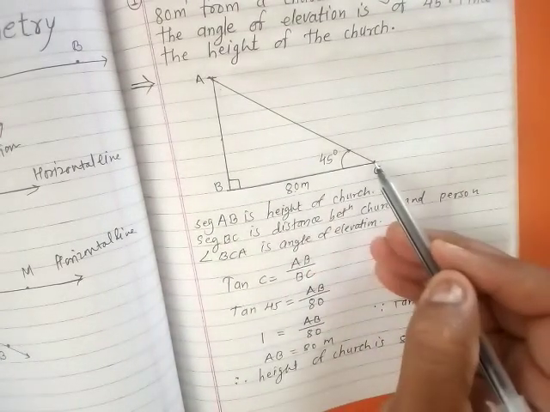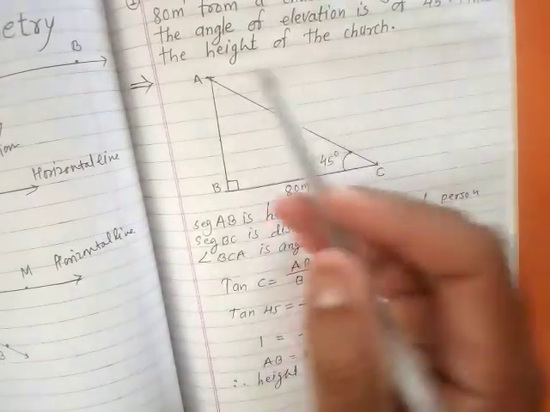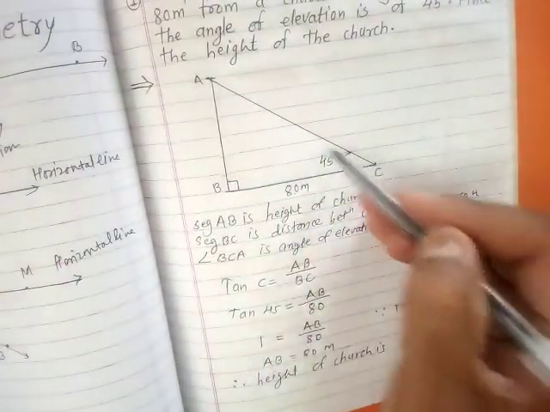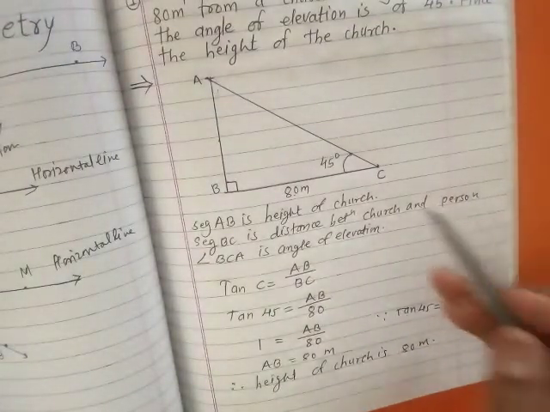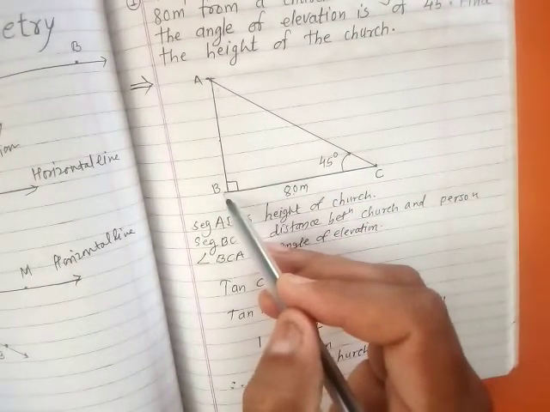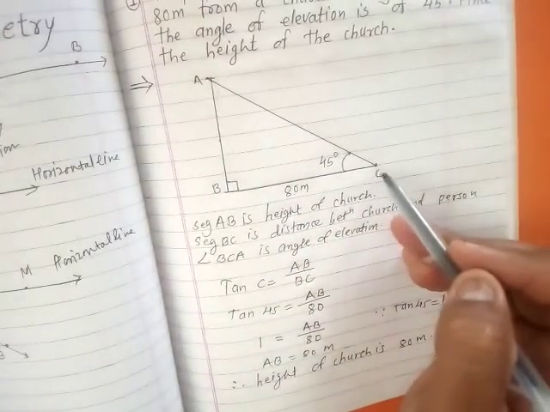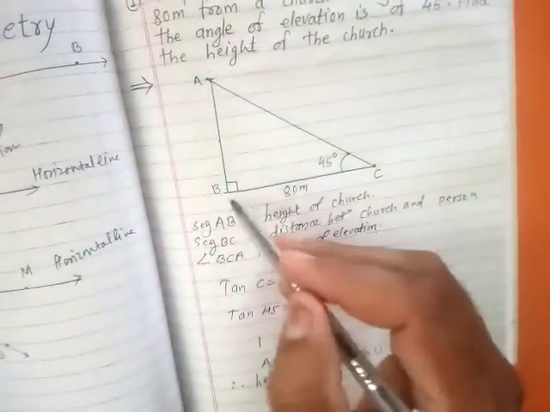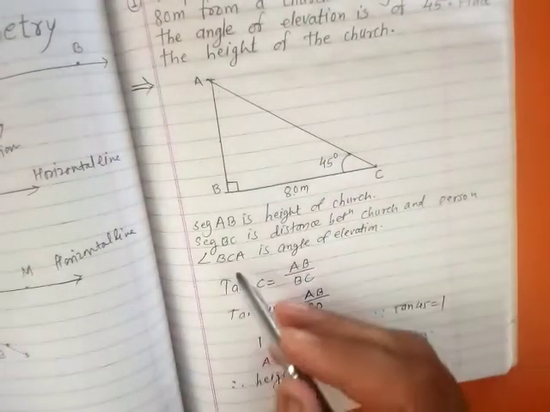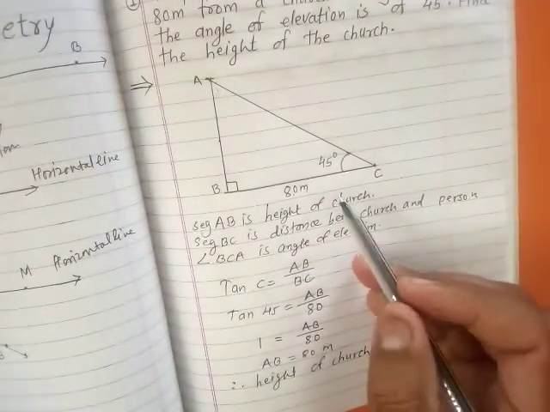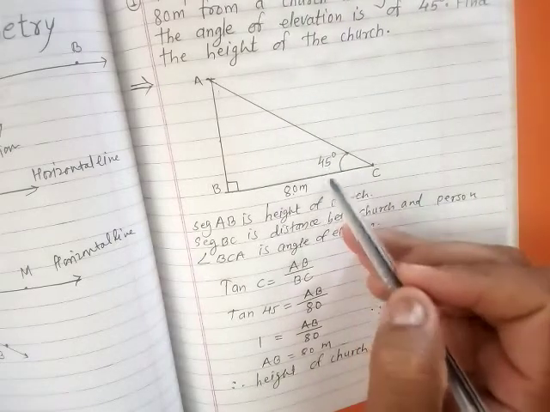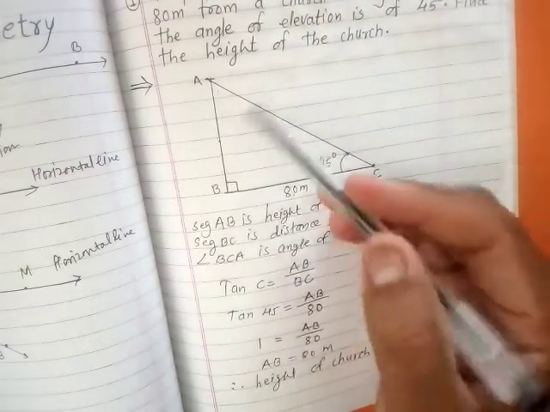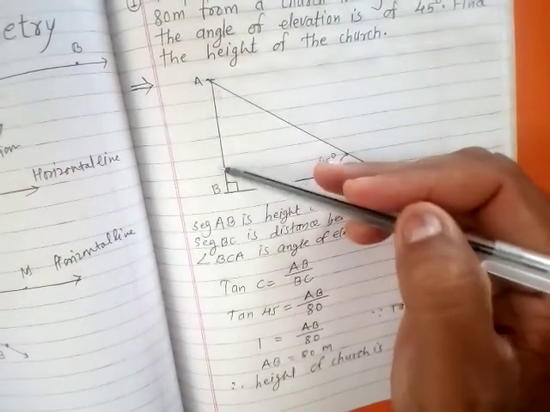Now from the person, that person can see point A, that means segment CA is the line of vision, and the angle made by the horizontal line BC and the line of vision CA, that is angle BCA, is the angle of elevation. In this case the angle of elevation 45 is given, the adjacent side is given, and we want to calculate the opposite side.